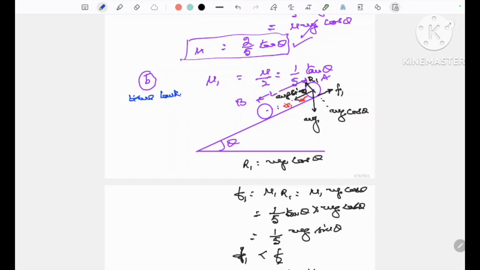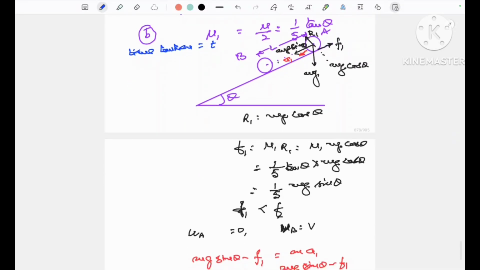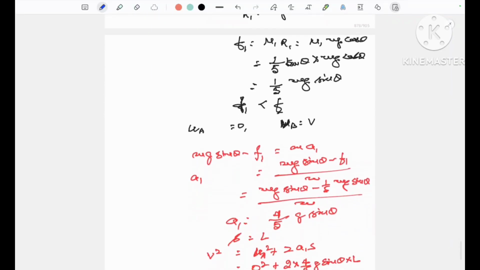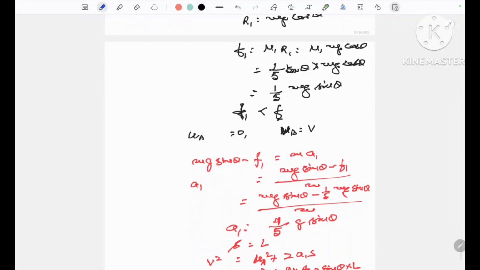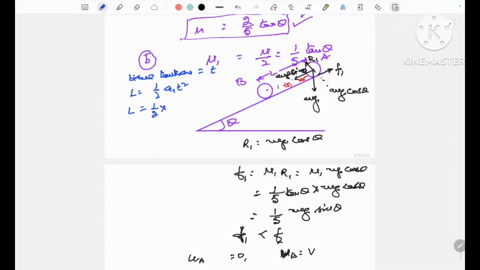Time taken: suppose A to B time is t. L will be half a1 t square, so L is half into 4/5 g sin theta into t square.